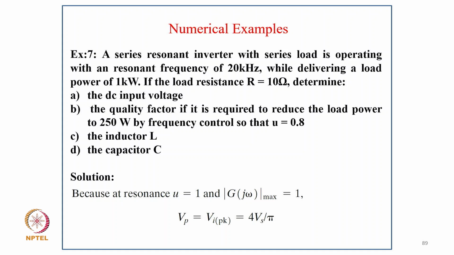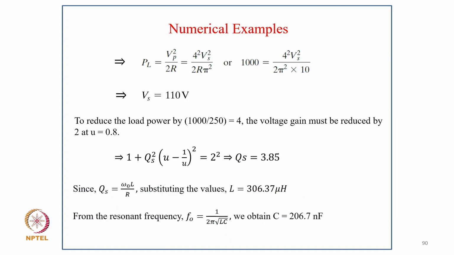Because of resonance, u equal to 1 and G equal to 1, max is 1, so Vp equal to Vi max, that is 4 Vs upon pi, and PL equal to Vp square by 2R equal to 4 square Vs square by 2R pi square, and putting a value, Vs becomes 110 volt. To reduce the load power by 1000 upon 250, the voltage gain must be reduced to 2 at u equal to 0.8.